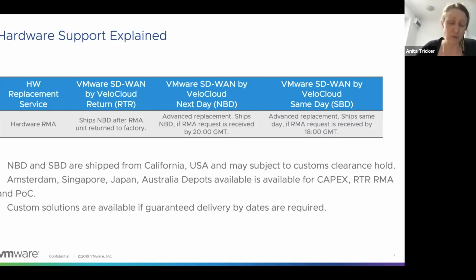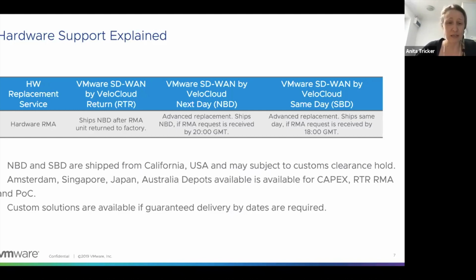When level 4 determine that that box has an issue, a fault, and it needs to be returned to VMware, it is upon receipt of that returned device that we will then ship out the hardware, the replacement hardware. So we need to receive the box back first before we ship out the new device.